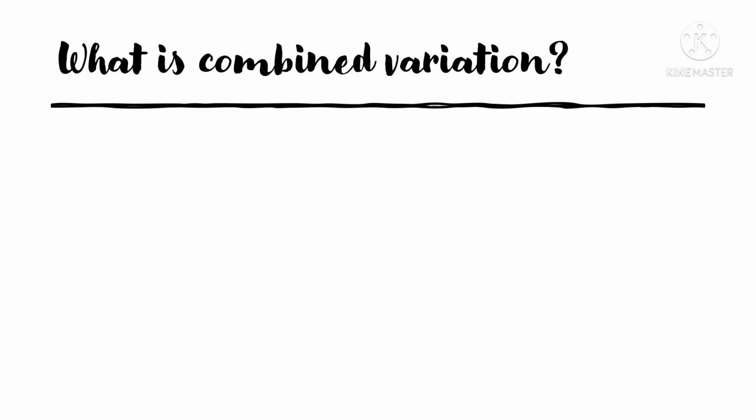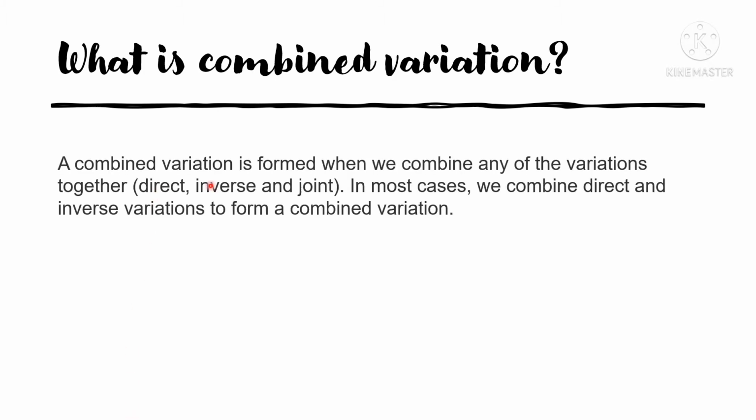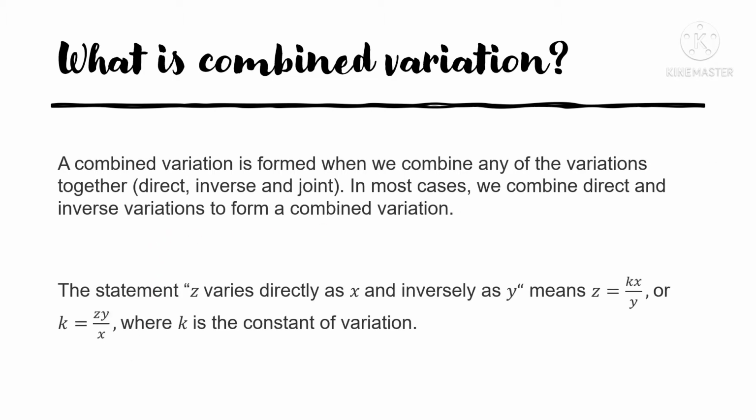What is combined variation? A combined variation is formed when we combine any of the variations together. It could be direct and inverse or inverse and joint variation. In most cases, we combine direct and inverse variations to form a combined variation.